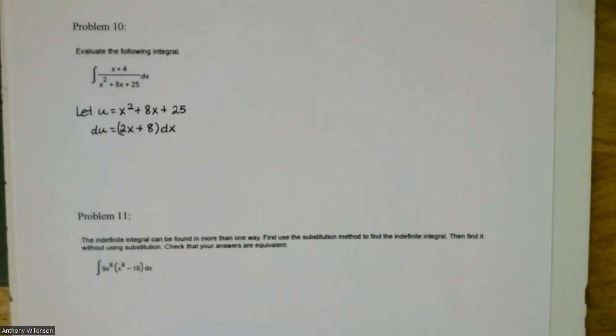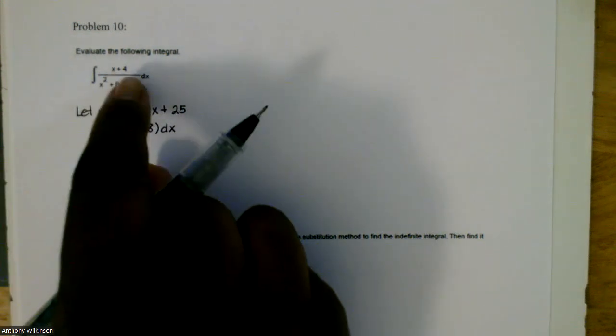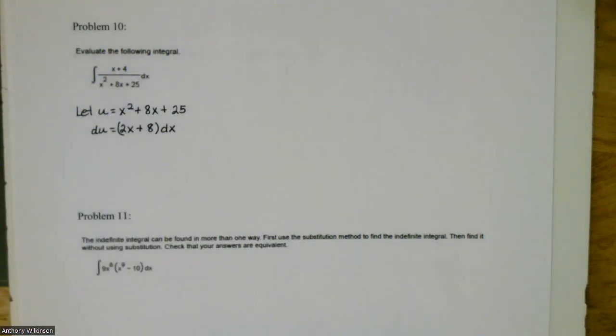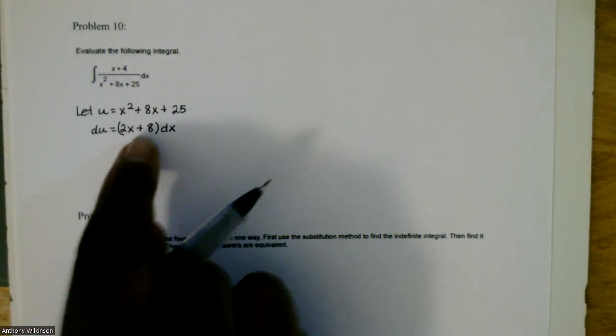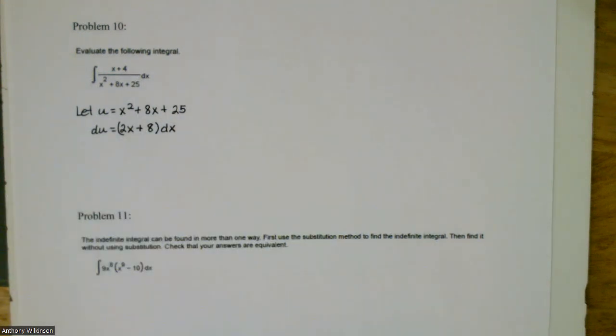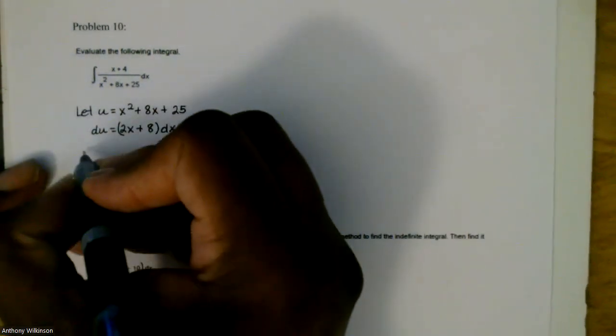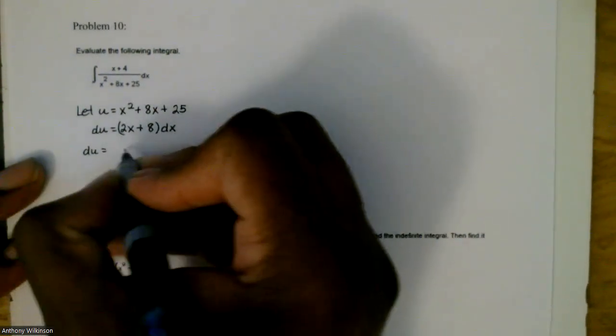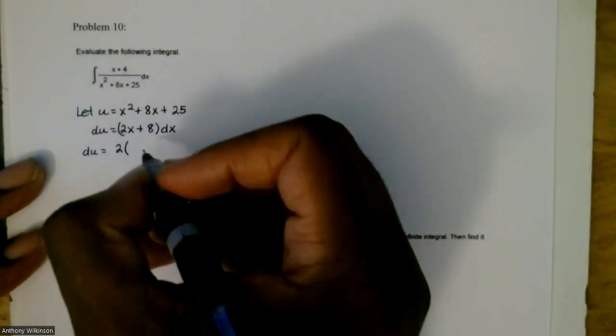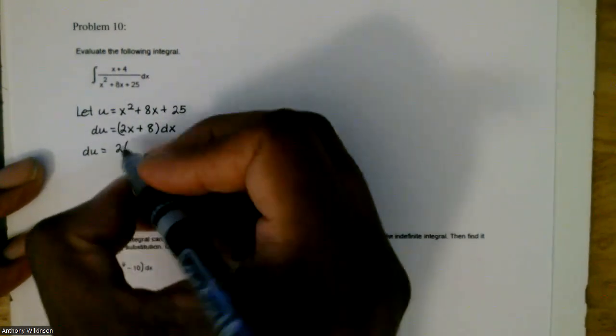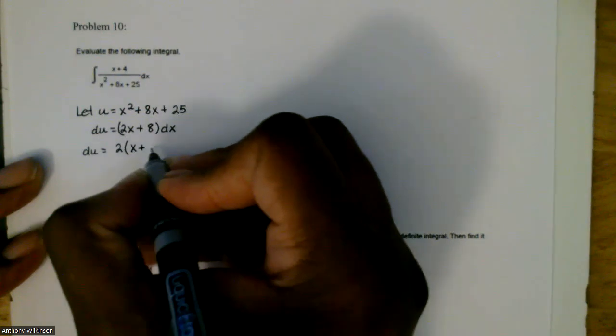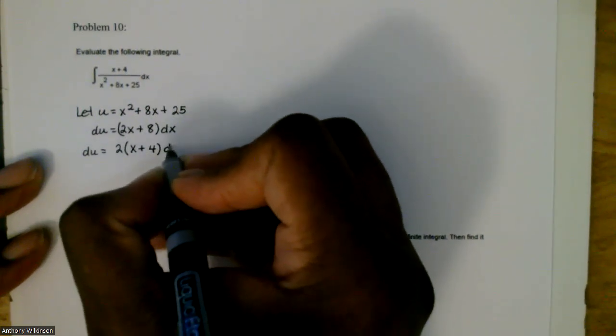Well, if you look at the problem here, you've got x plus 4 times dx. I can rewrite that 2x plus 8 dx by taking out a common factor of 2. So here du will be equal to 2 times the quantity, if I factor out the 2, 2x divided by 2 is just x, plus 8 divided by 2 is 4.